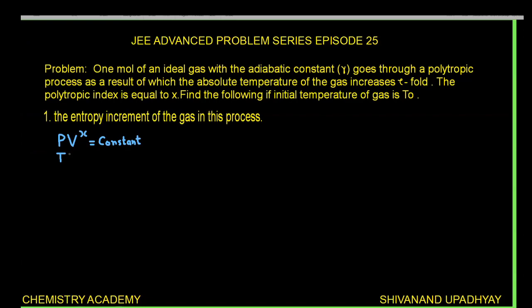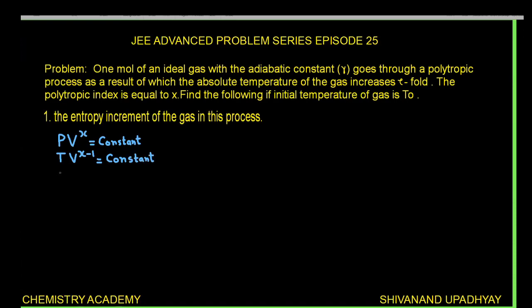So it is TV to the power X minus 1 is constant. It's very simple: if you put PV equal to nRT, in place of pressure nRT upon V, and take nR to the right hand side, you can write this as temperature into volume to the power X minus 1 is constant.